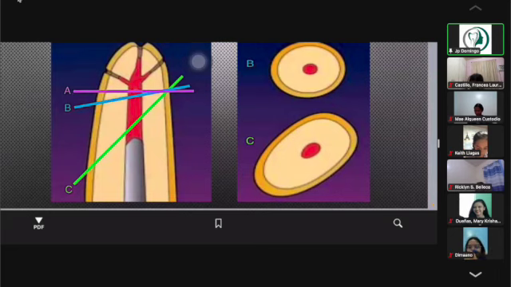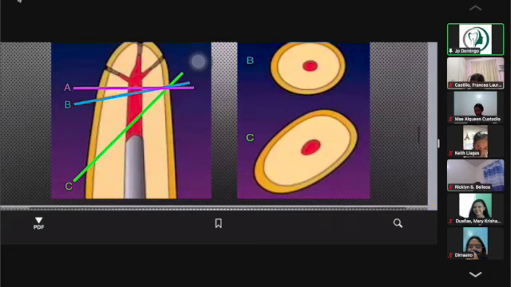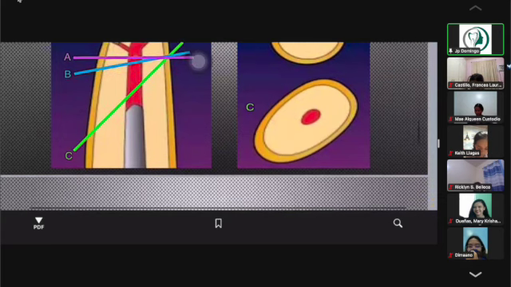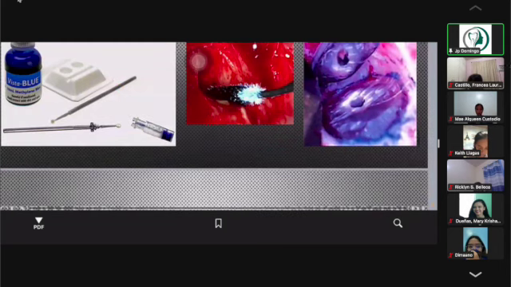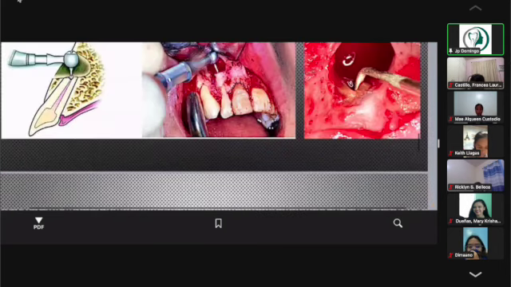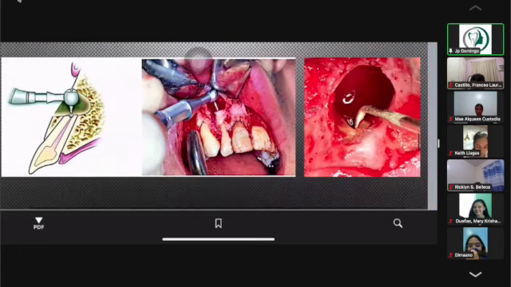Okay, ito na ngayon yung retrograde cavity preparation. Okay, ito yung methylene blue. Ito yung pag-prepare ng cavity. Okay? So back to our case. The retrograde cavity preparation is the preparation of a small cavity now on the resected root end because this can accommodate a retrograde filling material.